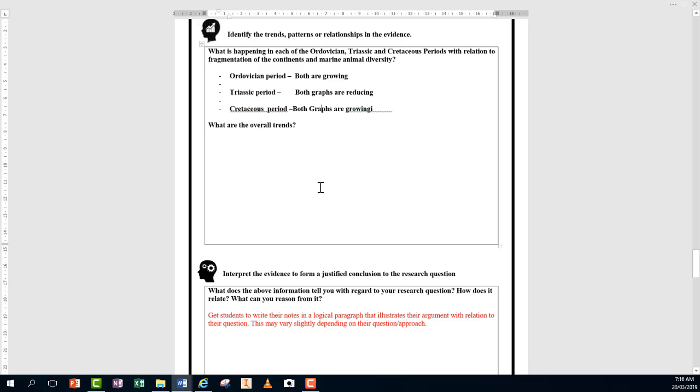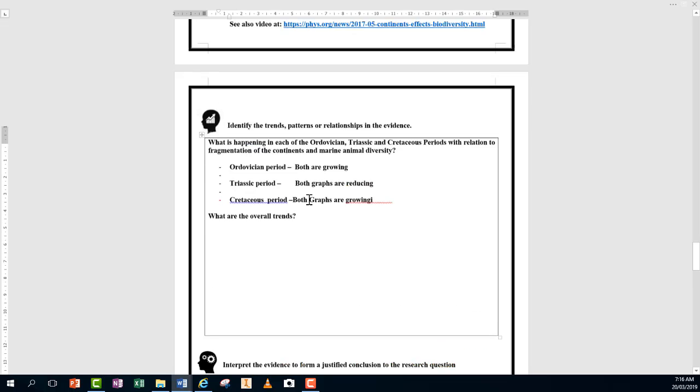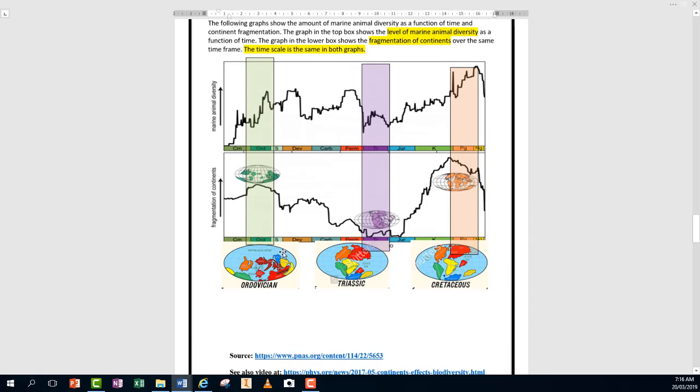And the overall trends, well, let's go up and have a look. So what trend have we got here? Okay, if we look at the fragmentation of continents, we've gone from a lot of fragmentation to very little or no fragmentation, back to a lot of fragmentation.